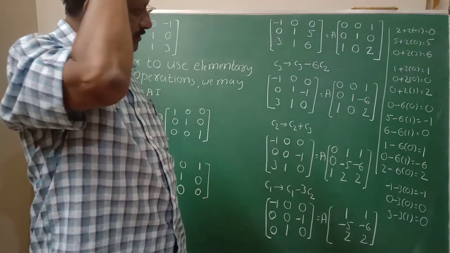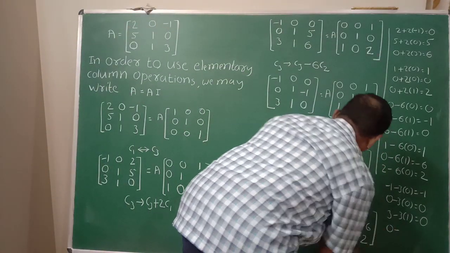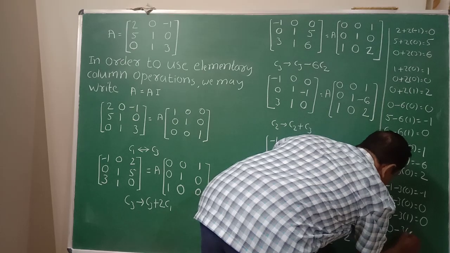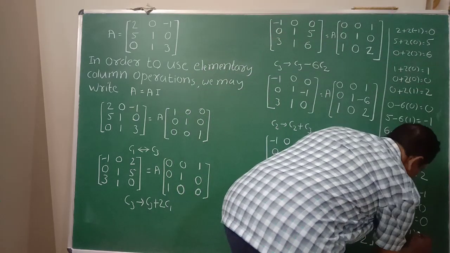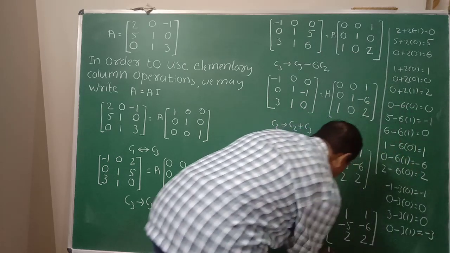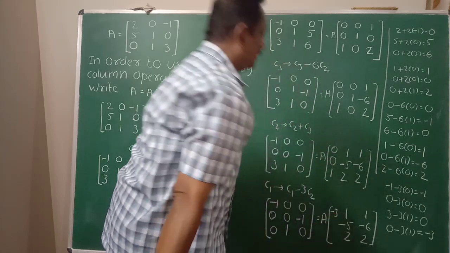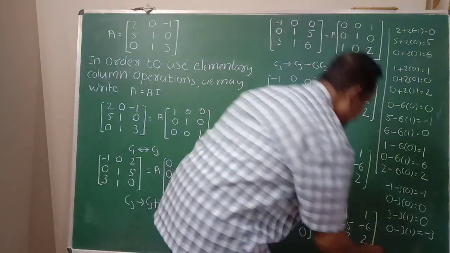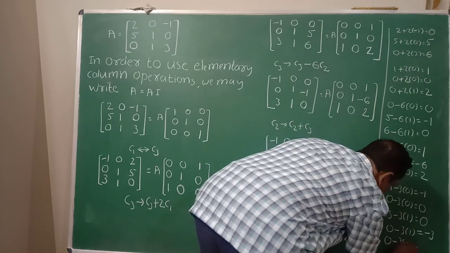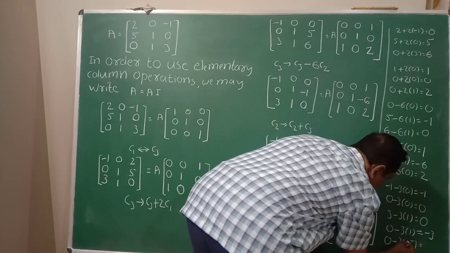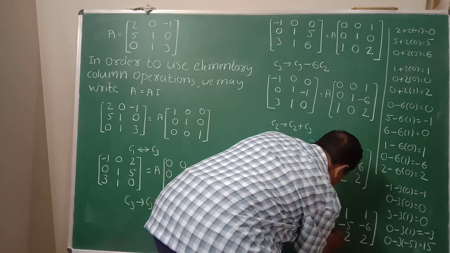In the RHS also, 0 minus 3 into 1 is minus 3. Then 0 minus 3 into minus 5: minus into minus is plus, 3 fives are 15, so plus 15.